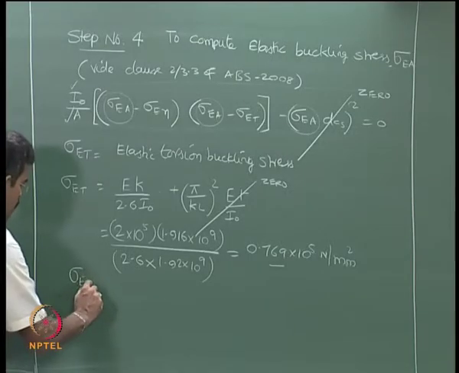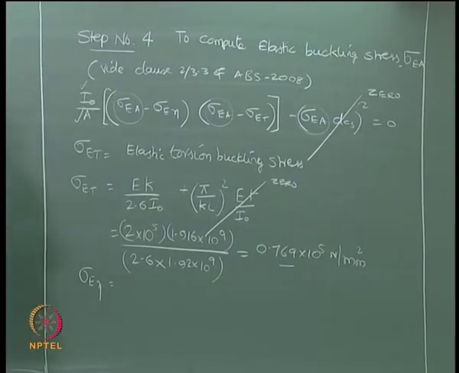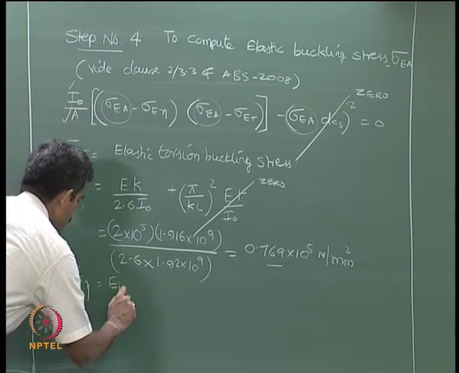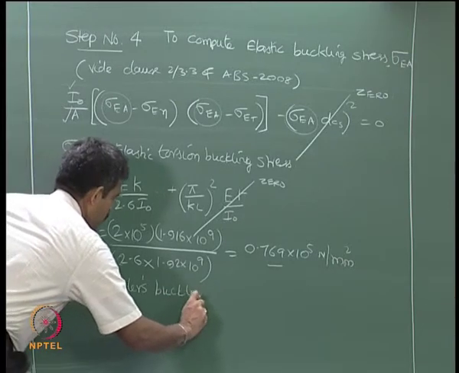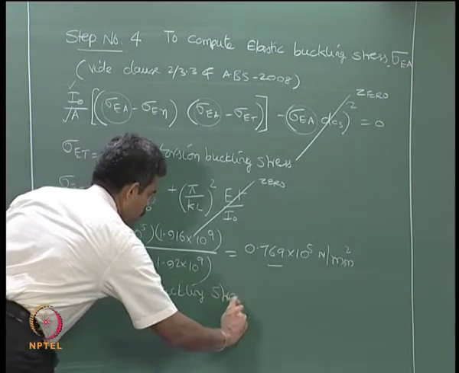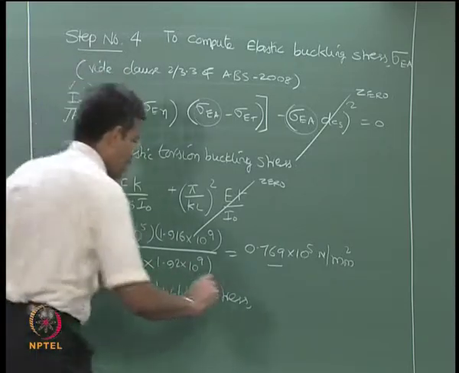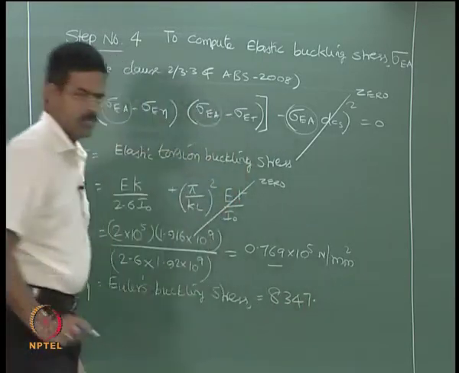Sigma E eta is the Euler's buckling stress, which we already computed in step number 3, and the value is given.